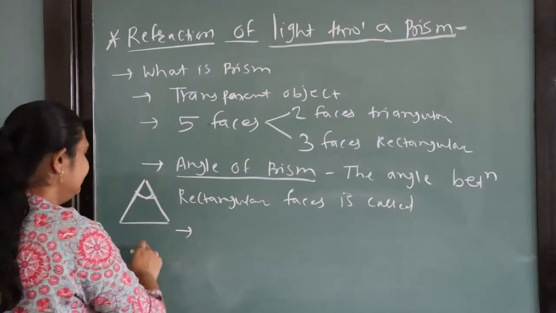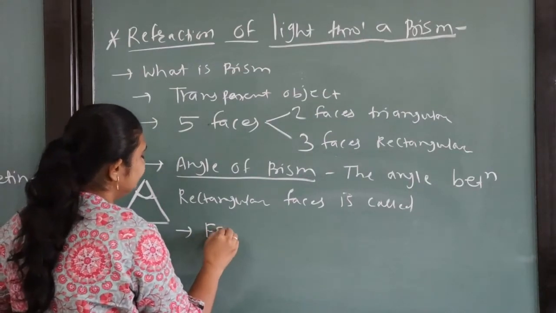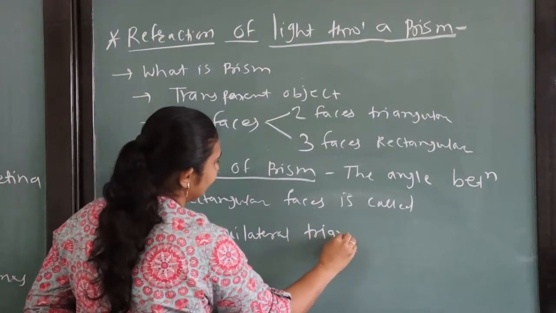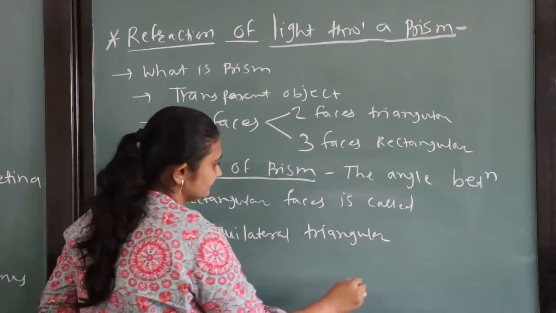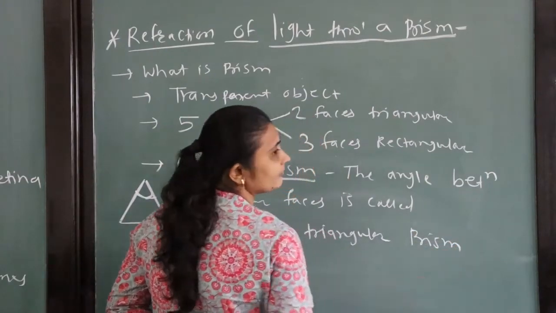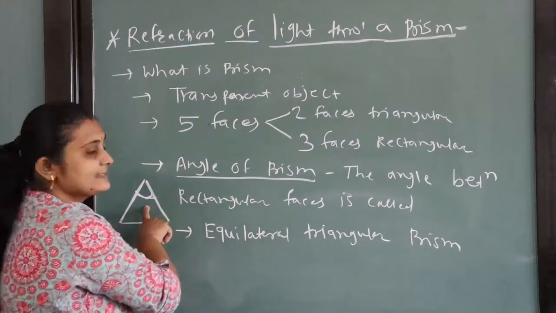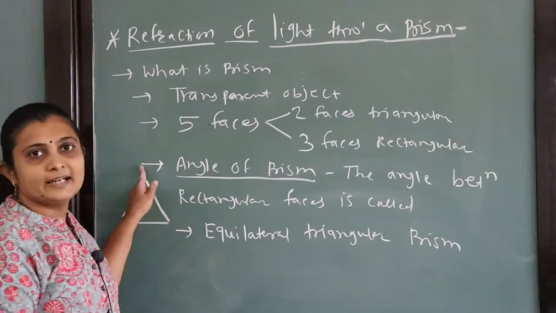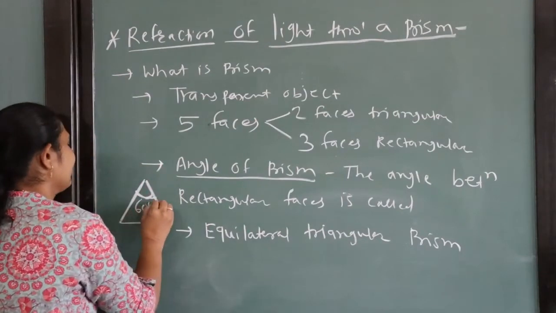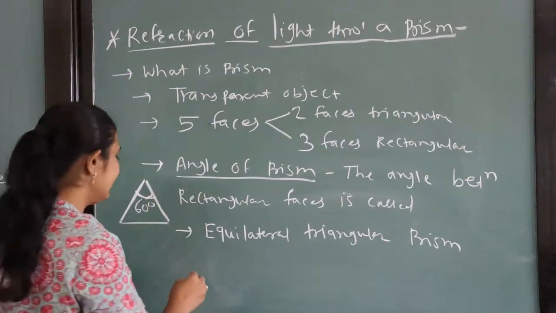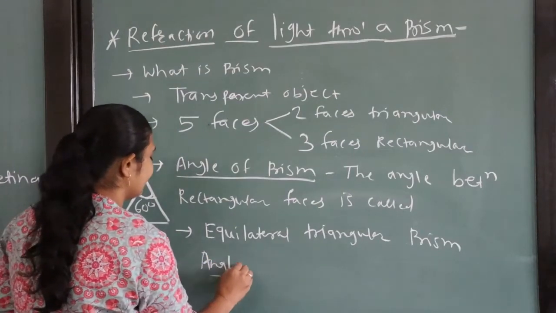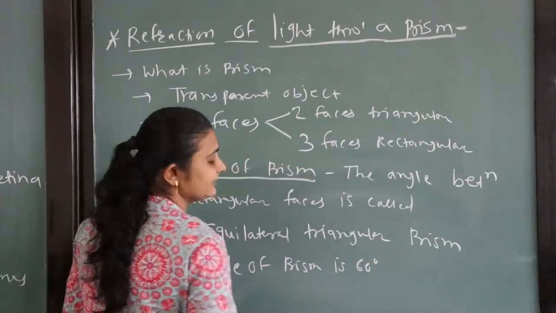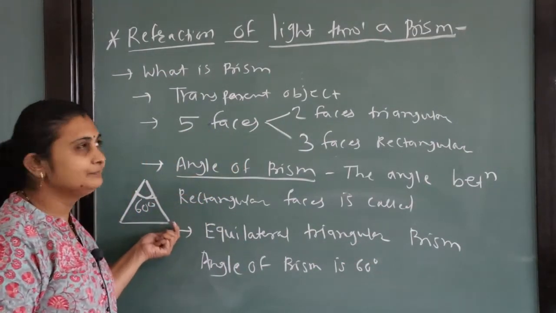Consider an equilateral triangular prism, then what is the value of the angle of prism? If it is an equilateral triangle, then you know that in an equilateral triangle each angle is 60 degrees. So, the angle of prism is 60 degrees.